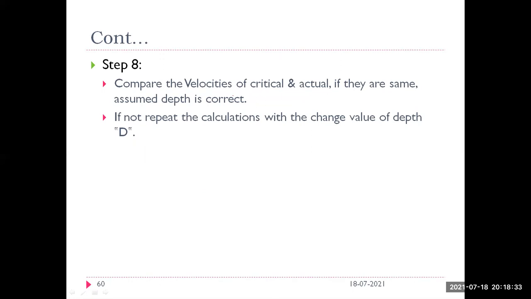If they are the same, then the depth you assumed at the very first step is correct. If critical and actual velocities are not equal, then you have to reassume the depth value and repeat the procedure.